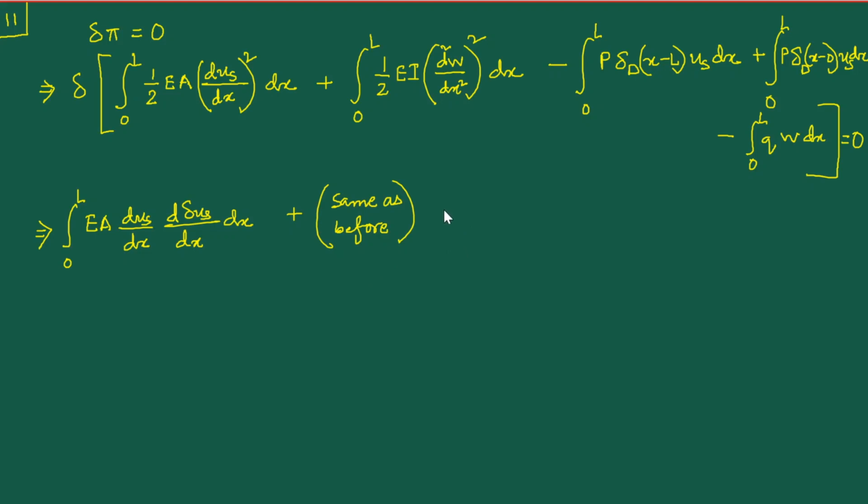For this term I have minus P delta, the Dirac delta, x minus L, then delta us. Please don't be confused by this delta and this delta d. This delta d is the Dirac delta. This delta of us, this delta is the first variation delta.